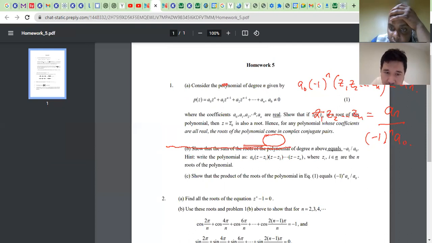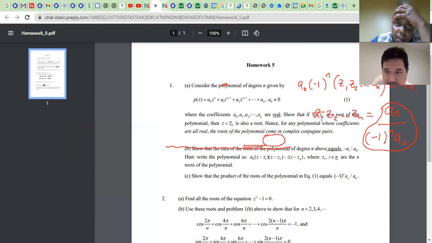They wanted us to show that it's (-1)^n An over A naught, but we have it the other way around. But it's going to be the same thing because the -1 doesn't matter if you put it on top or down below.